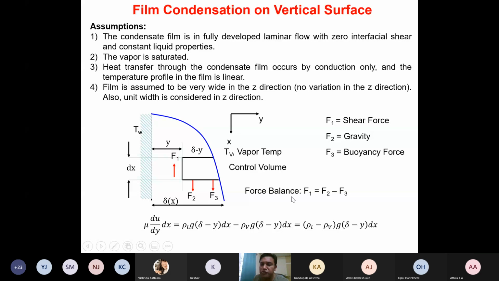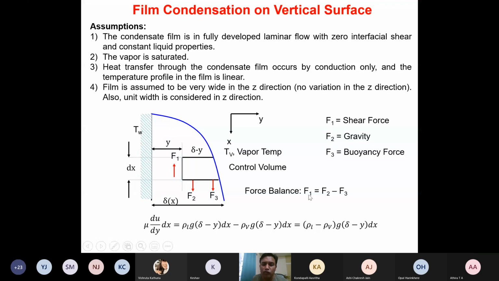We can put all the individual forces in their usual terms. Shear force can be given using Newton's law of viscosity, which is given here as minus mu du by dy.